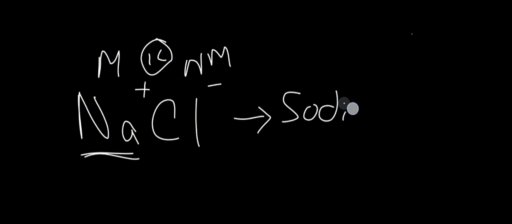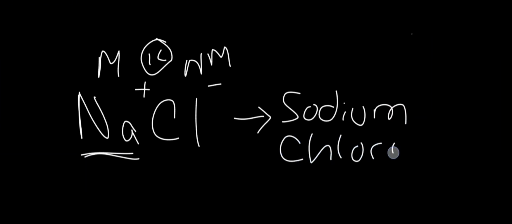So sodium is the exact same as the element, and the root word chlor- gets added with the -ide. So instead of chlorine, it becomes chloride. So this is sodium chloride.